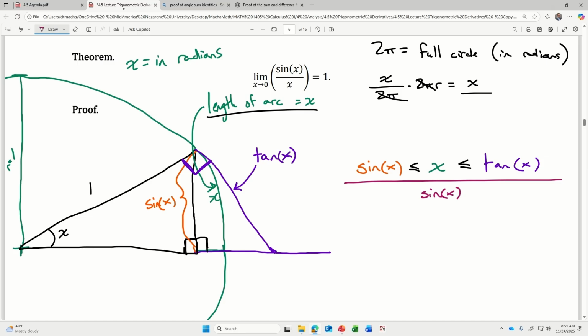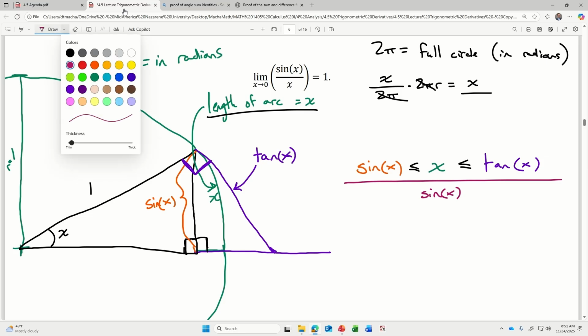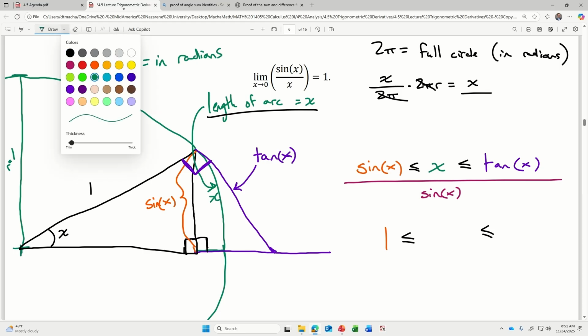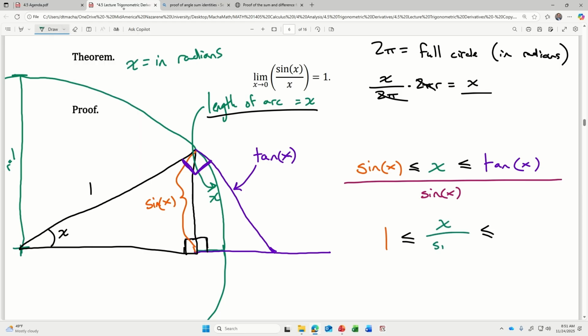So if I have sine of x divided by x, I get 1. And then x divided by sine of x will remain x divided by sine of x. And then tangent of x divided by sine of x is going to be 1 divided by cosine of x.